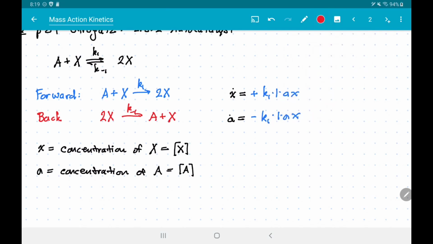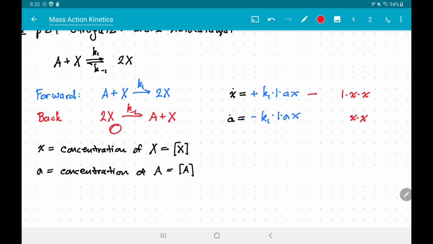Incorporating the back reaction, the reactant side has two x's bumping into each other. That means that what we need is a term that is proportional to x times x. And I'll just write it as x times x. That's because two x's have to bump into each other for this reaction to take place. On the reactant side, there are two x's, but on the product side, there's only one x. That means that there's a loss of one x.